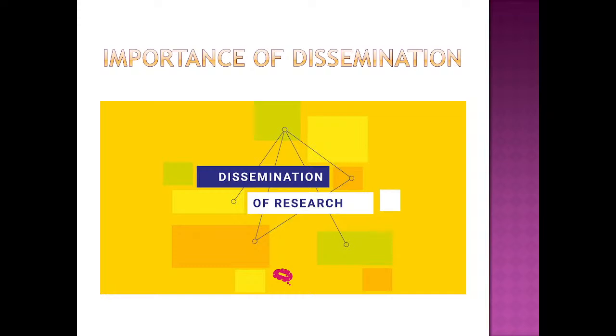And the second most important thing about dissemination is that once you have disseminated it, it can help the scientific community. Now why and how can we disseminate the data? Some people are just doing it for the sake of examination, maybe for the marks.